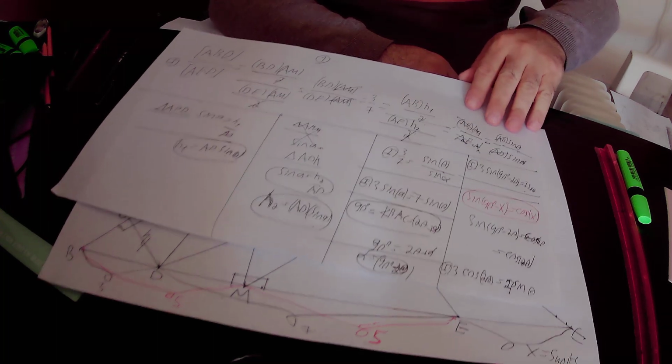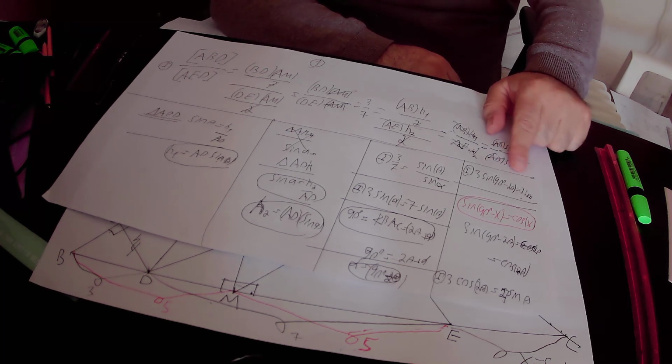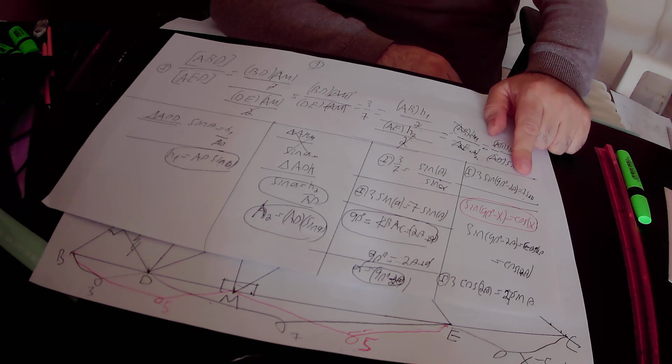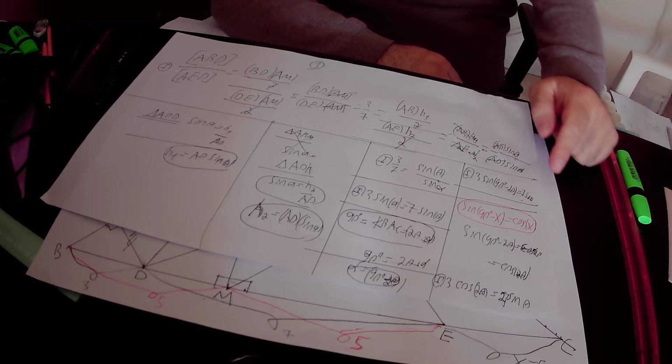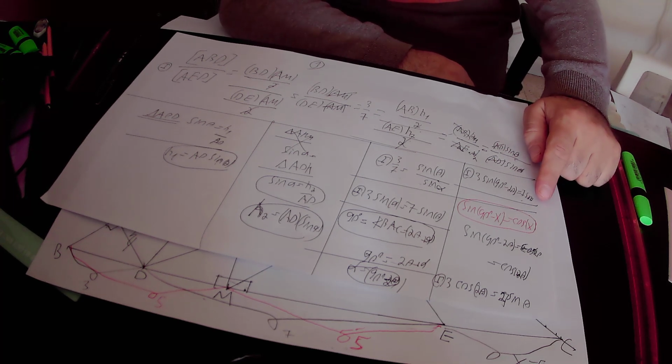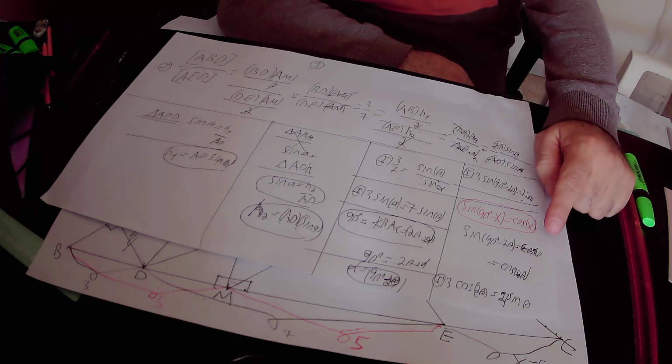We did it and we got that 3 times sine alpha, where alpha equals 90 degrees minus 2 theta, equals 7 times sine theta. Then we use the trigonometric identity that states that sine of 90 degrees minus x equals cosine x. According to this identity, sine of 90 degrees minus 2 theta equals cosine 2 theta.